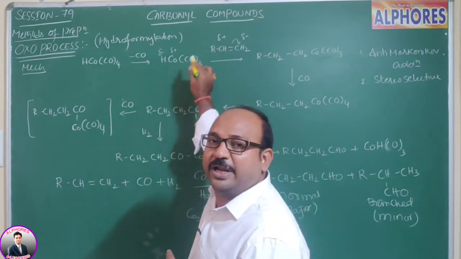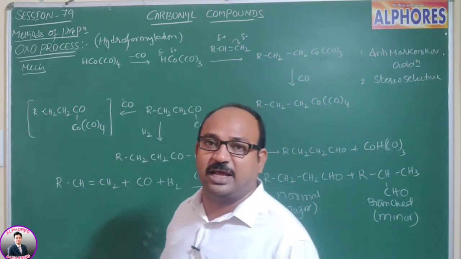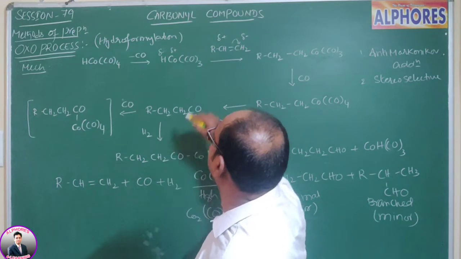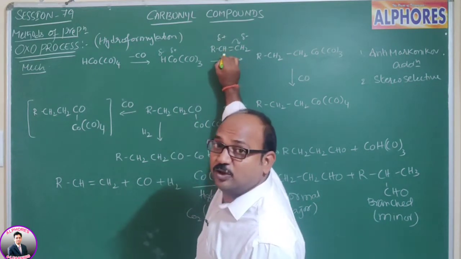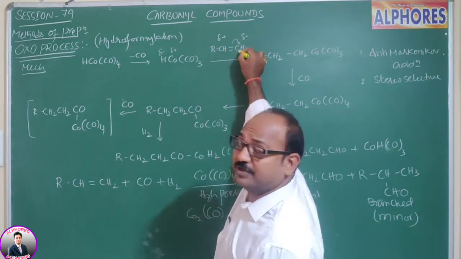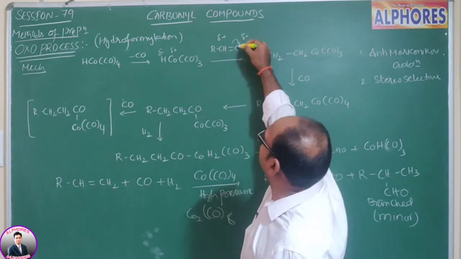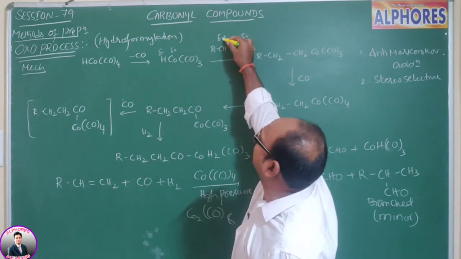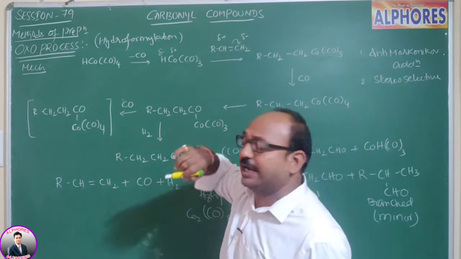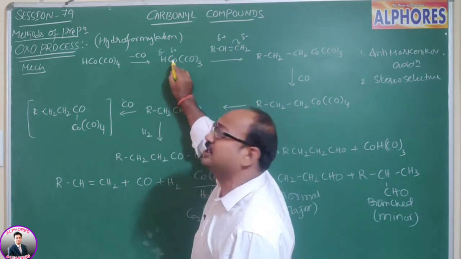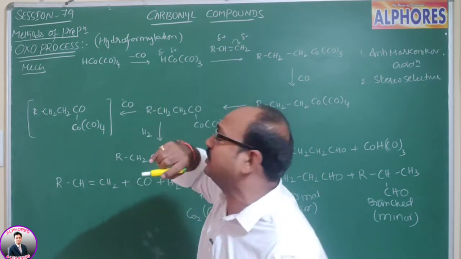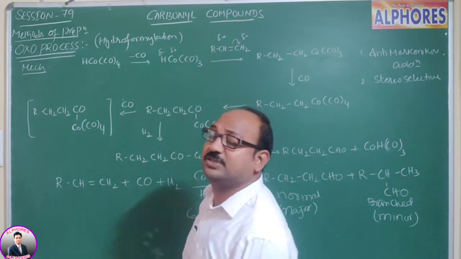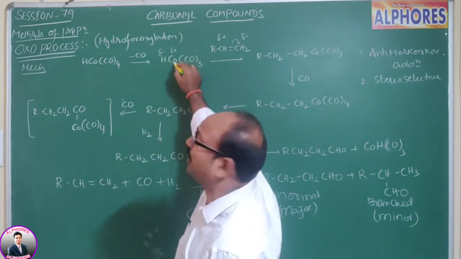Now this upon addition of unsymmetrical alkene. Here if you observe, the alkyl group is an electron releasing group, so the pi electrons are shifted towards this carbon, and this carbon gets partial negative charge and that carbon gets partial positive charge. And here, of course, metal attached to hydrogen: this hydrogen acquires negative charge and the metal bears positive charge.